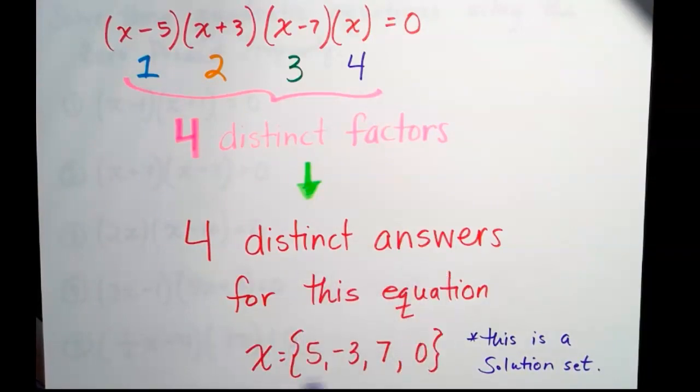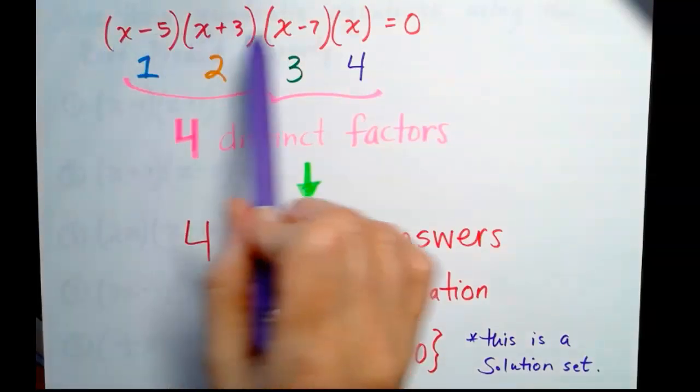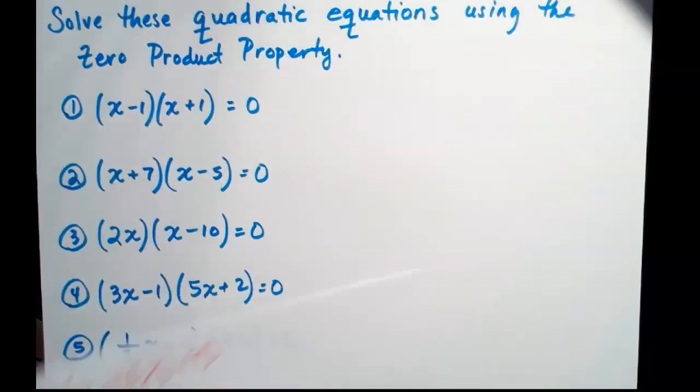And this may be something new for you. I'm going to write this as a solution set. So x contains the set 5, -3, 7, and 0. All 4 of those are distinct answers that will make that equation a true statement. That's the whole idea behind the zero product property.